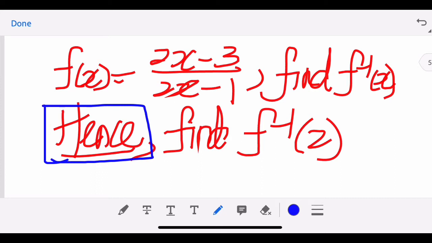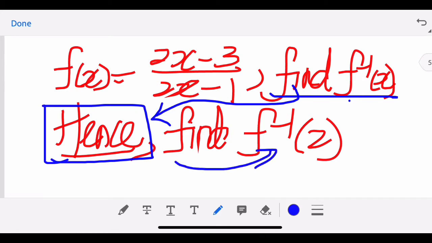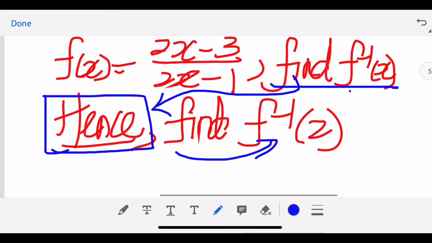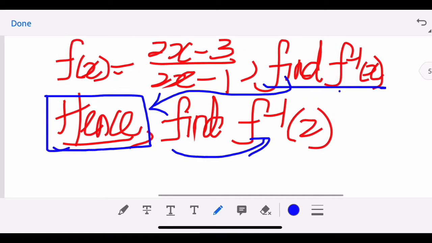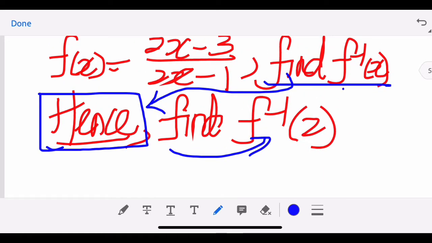It's telling you that you must do this step first, okay? And then after this, you have to continue with finding this answer. There is a correlation. So we are going to use this function and find the inverse function.